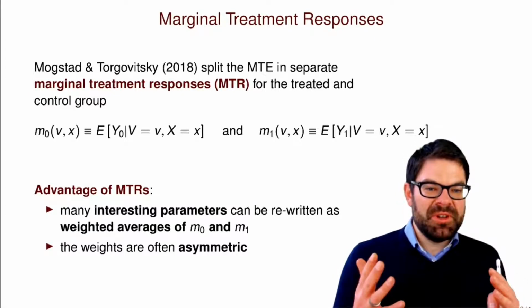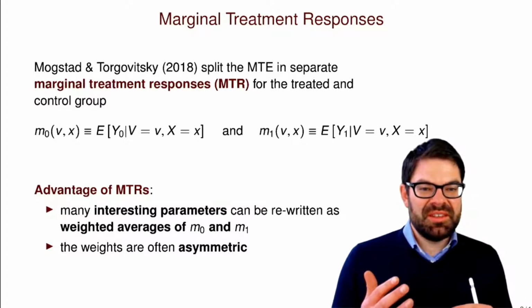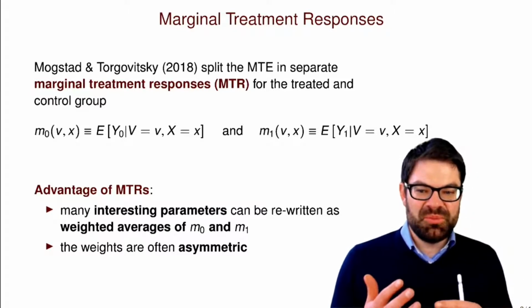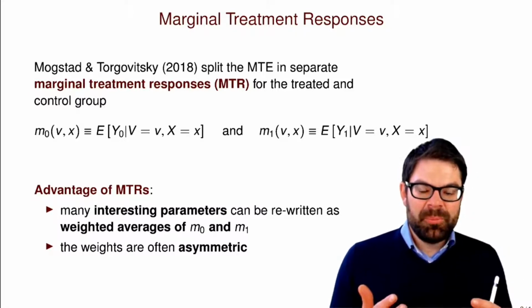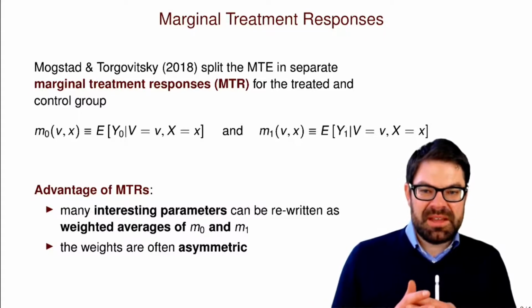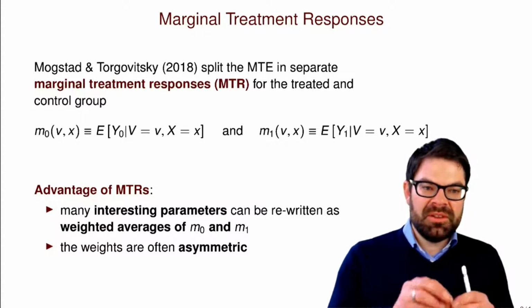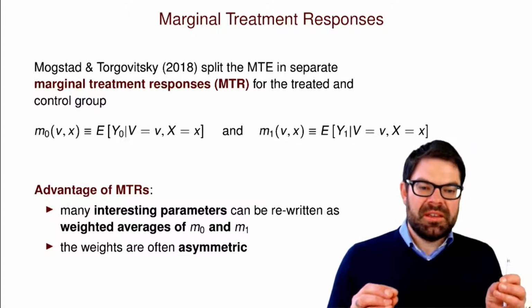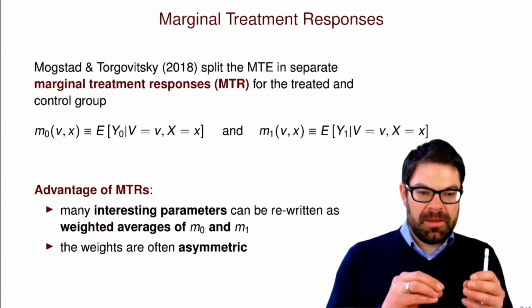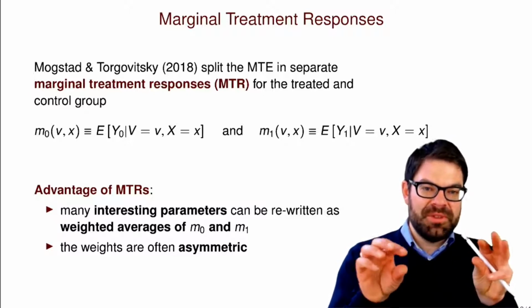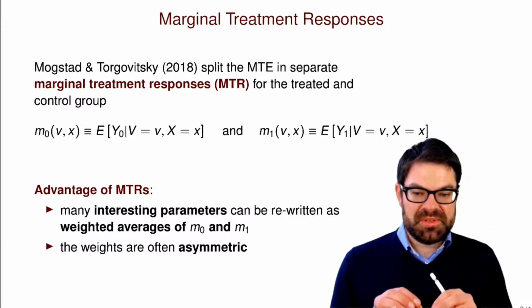The marginal treatment effect is basically just one minus the other. But what Torgovitsky and Mogstad show here is that many interesting parameters can actually be rewritten as weighted averages of these two marginal treatment responses.